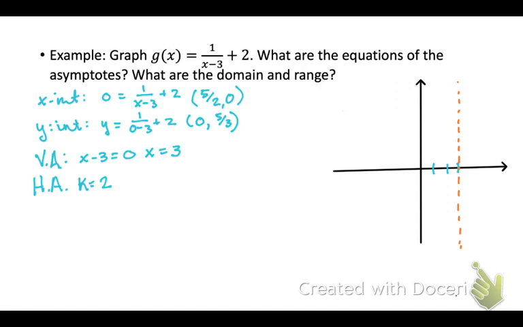So everything moved up what? 2. So it's now where? At 2. So horizontal line is y equals 2. So at y equals 2, I need to make a horizontal asymptote.